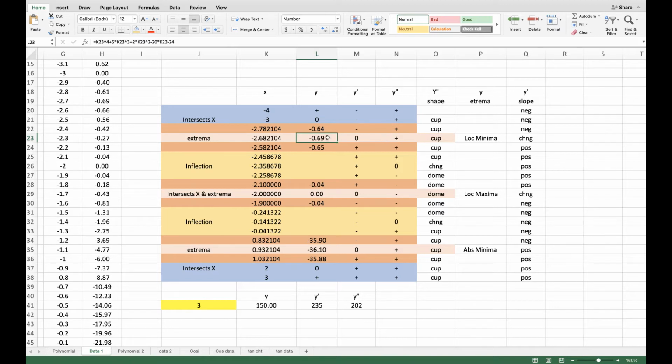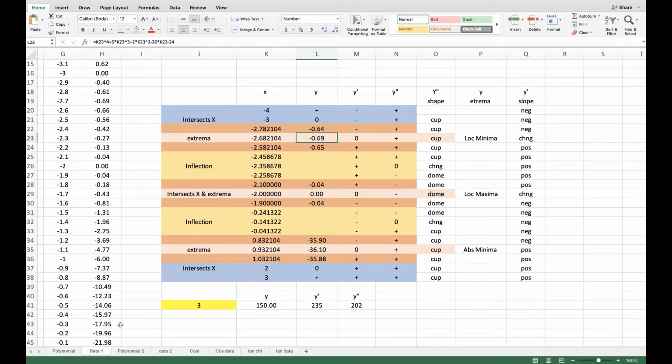So around this value here of x equals minus 2.68, these values are all positive, which means it's cup-shaped.